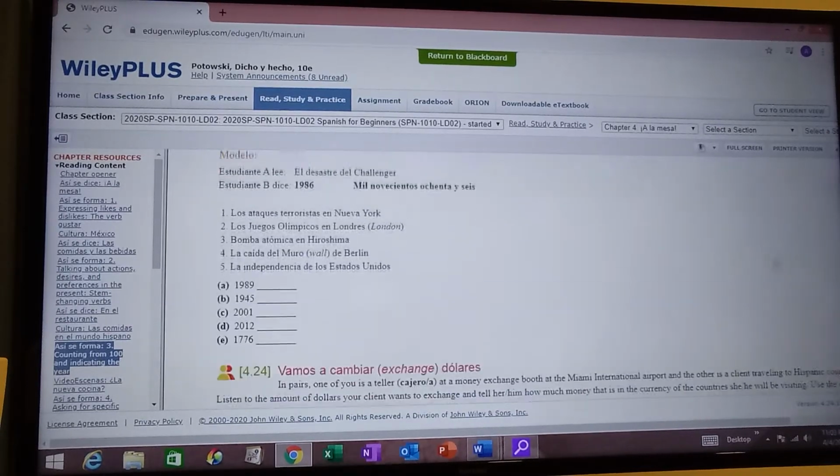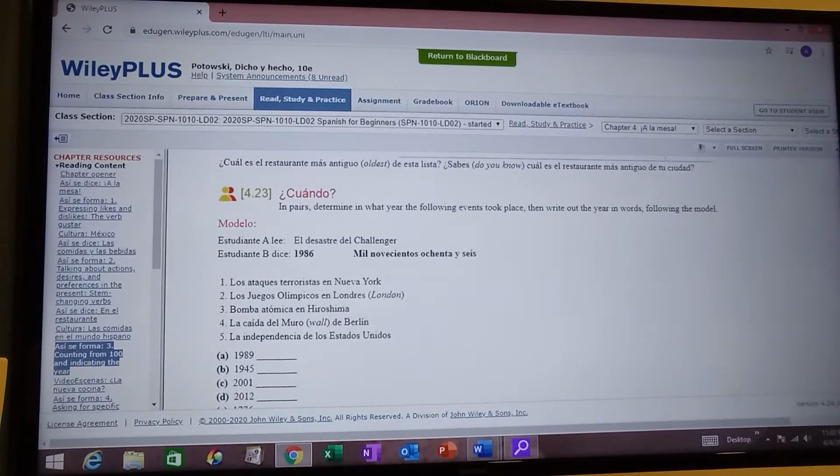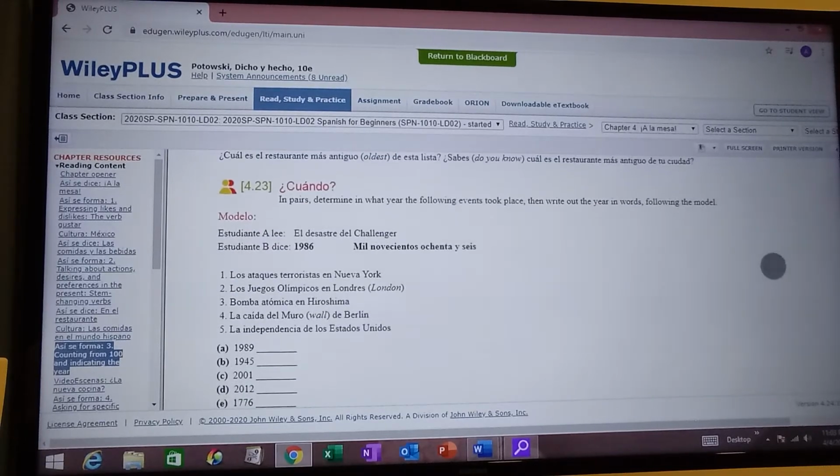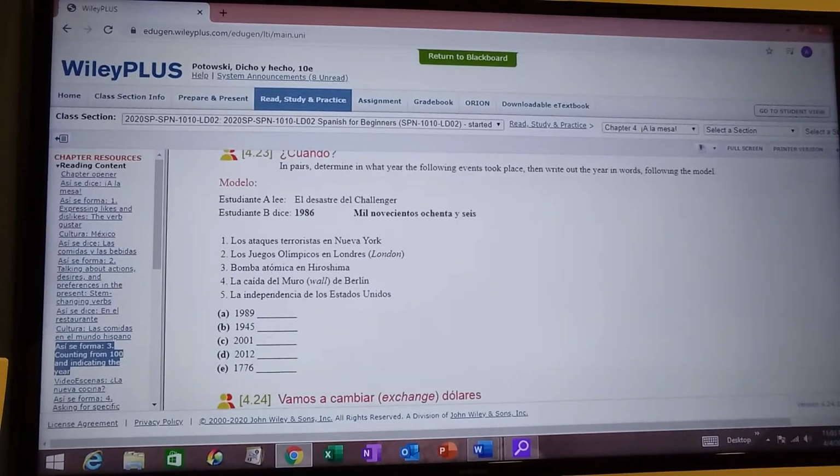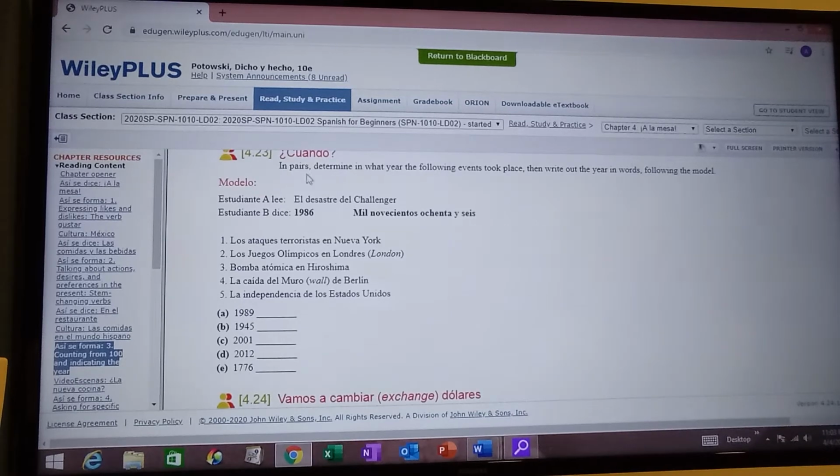And the last one, número 4.23, is about cuándo. You have here some items that you do in pairs or individually, determining what year. This is about years. The following events took place. Then write out the year in words following the model.